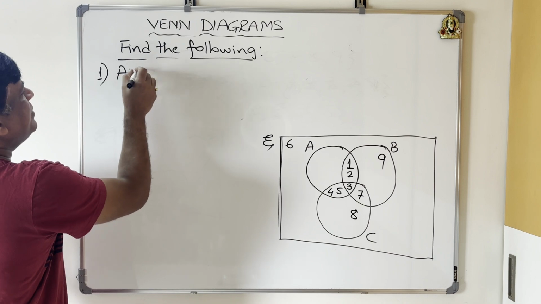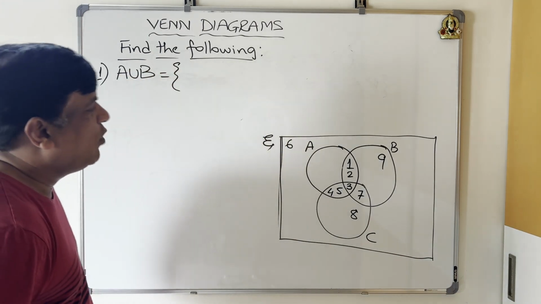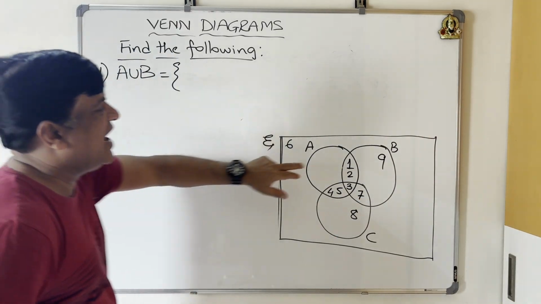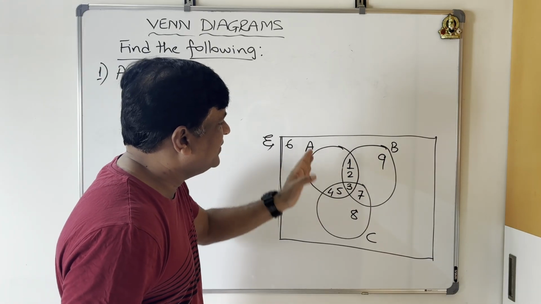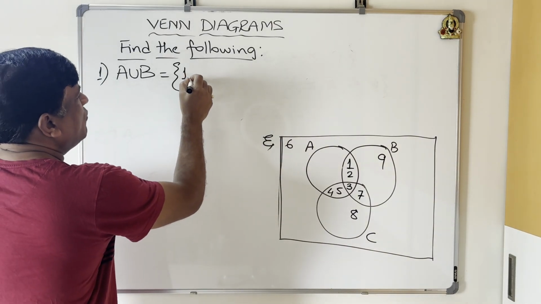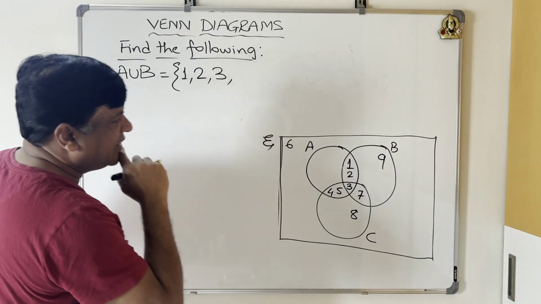A union B. Can you tell me the values of A union B from there? What is A union B? What do you mean by union? Union is either in A or in B. So whatever elements you see in A and B, you need to list all of them. It's 1, 2, 3, right?